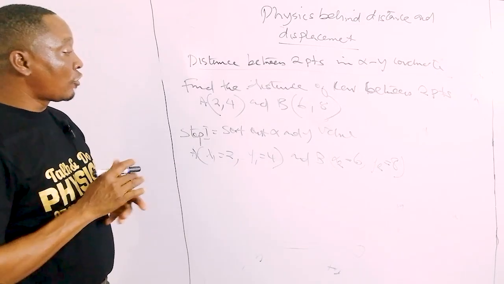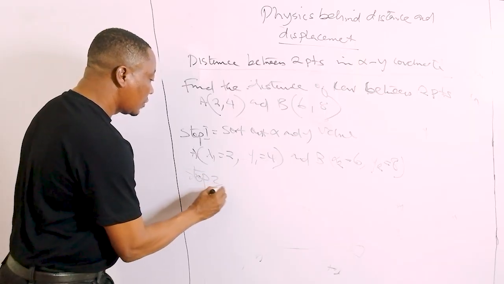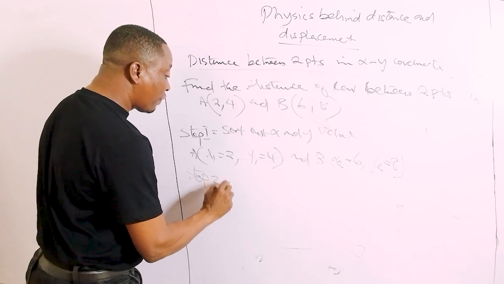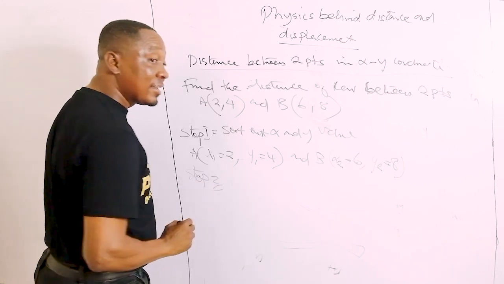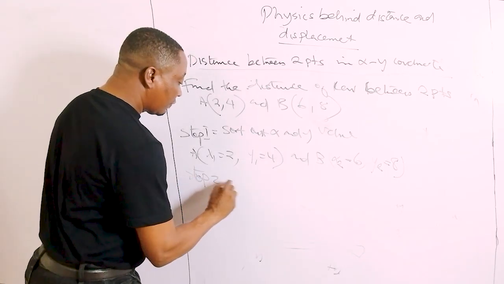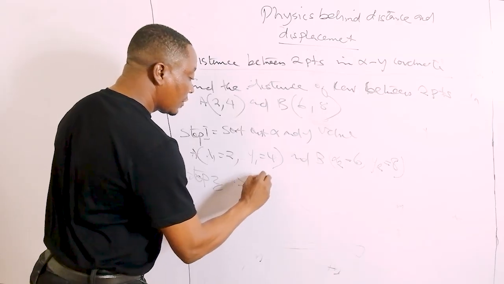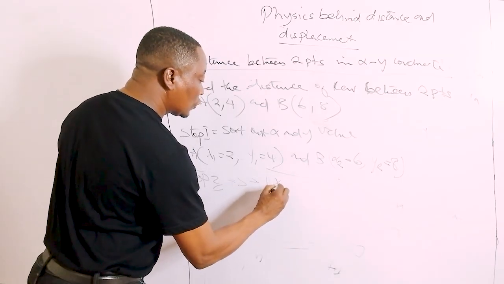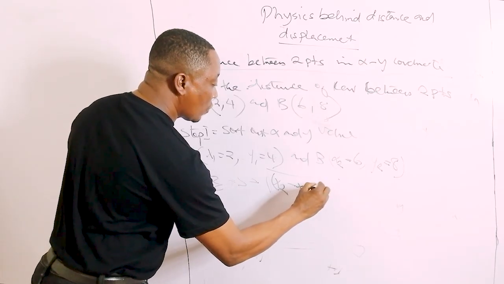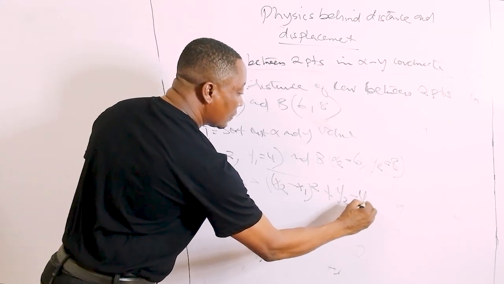The next thing for you to do, step 2, is to bring out the formula for finding the distance. What is the formula for finding the distance? The formula for finding the distance is distance equals the square root of (x2 minus x1) squared plus (y2 minus y1) squared.